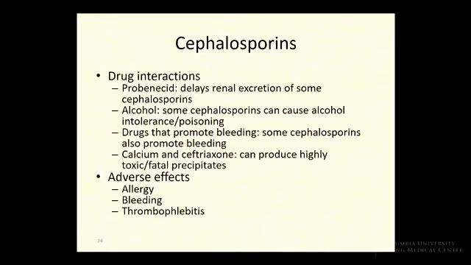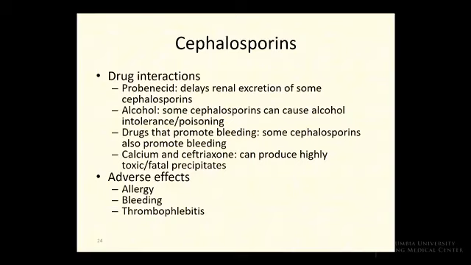The cephalosporins do have some drug interactions that are important to understand and some adverse reactions beyond what we see with penicillins that are important to understand. Probenecid, which is a acid-reducing drug, delays renal excretion of cephalosporins. So what effect will that have on cephalosporin levels in the blood?